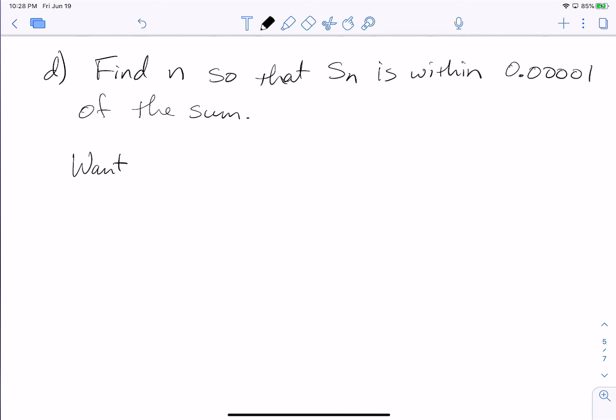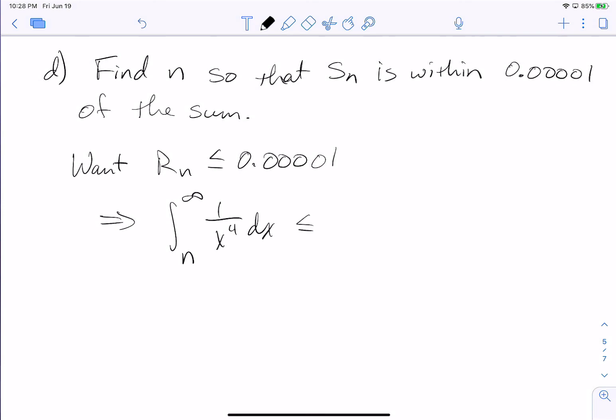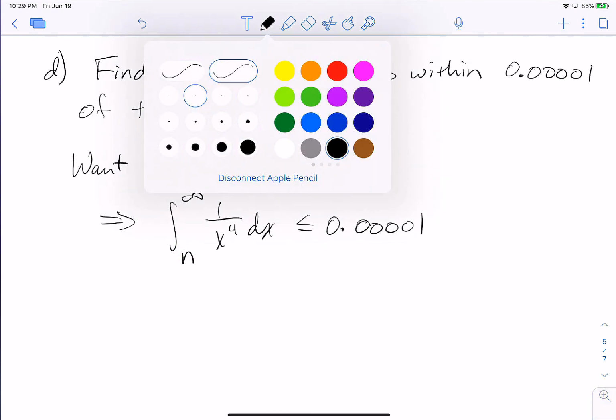So we want actually R sub n to be less than or equal to 0.00001. Well, based on the inequalities that we have, we know that that means that we want the integral from n to infinity of 1 over x to the fourth dx to be less than or equal to 0.00001.